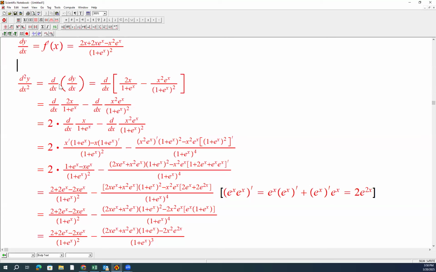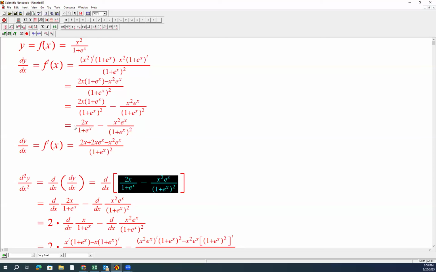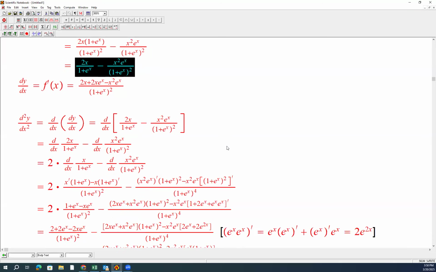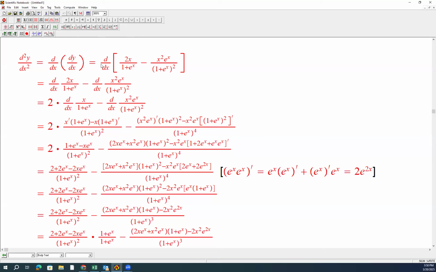Second order derivative is a derivative of the first order derivative. So for the first order derivative, we use this form, which is from here. We just showed you how to do that. So instead of differentiating one big quotient, we differentiate two smaller quotients.